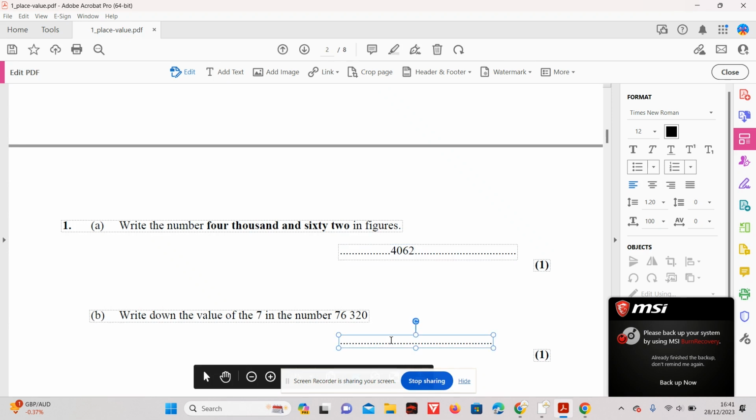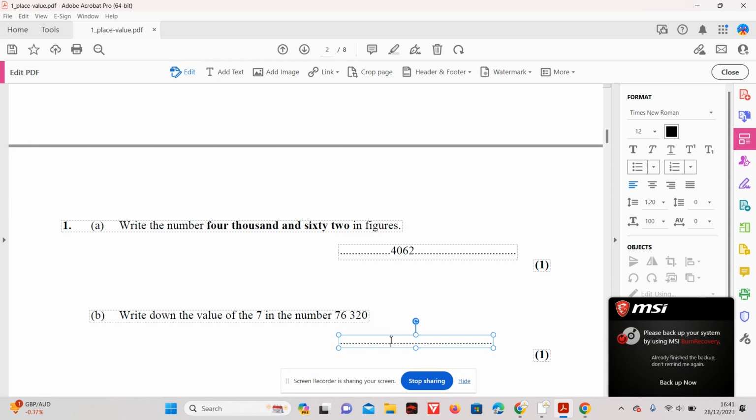Question 1b is asking, write down the value of the 7 in the number 76,320. For this one, if you say the number to yourself, you can hear when you say the 7, you're saying 70.